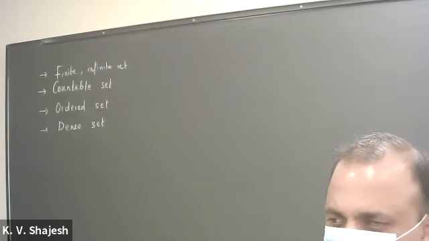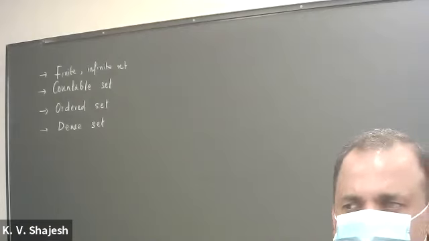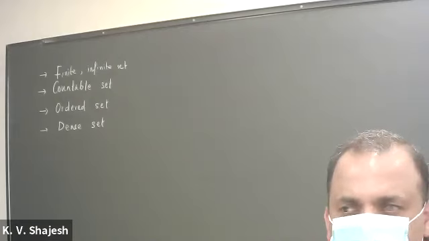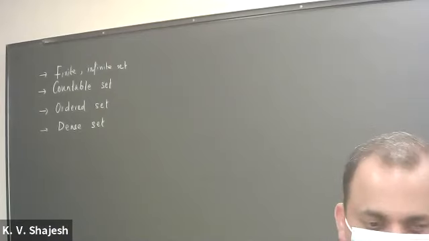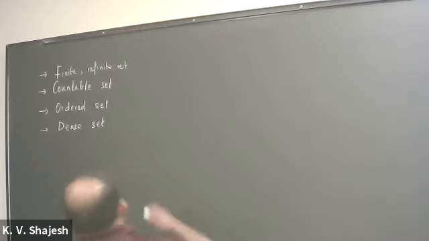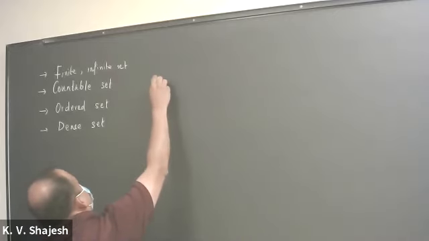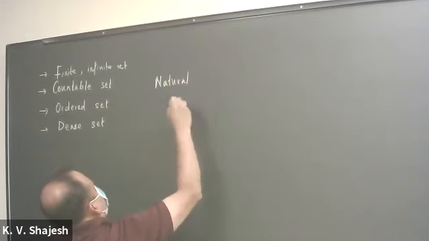For example, we could ask, does the natural numbers have more numbers or do integers have more numbers? So that's a question that comes up. So let me define some sets here. There is natural numbers, right? That's what it's called. Natural numbers.